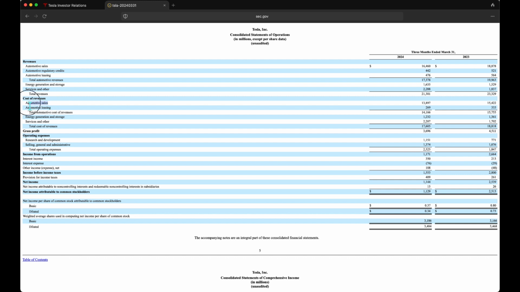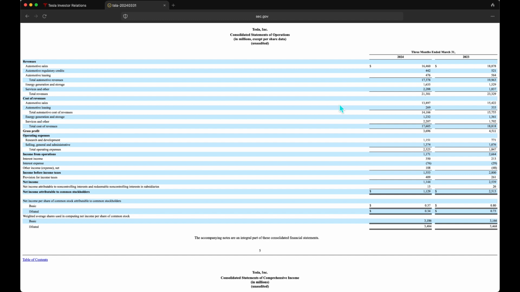Now that we have the revenue, we should also look at the cost of these revenues. So as you can tell, there's automotive sales again, but rather than being the revenue, it's going to be the cost of the revenue. So rather than being $16,460 million in automotive sales, those sales cost $13,897 million. So the total automotive cost of revenues is going to be $14,166 million. And we add on to that the energy generation and storage costs and services and other costs.